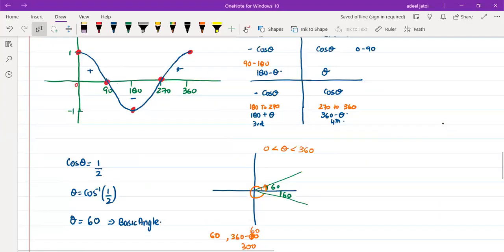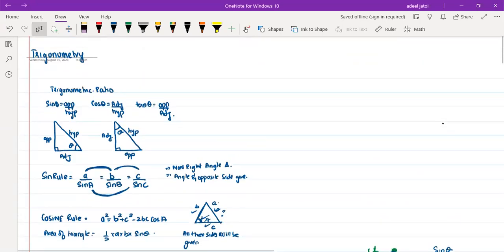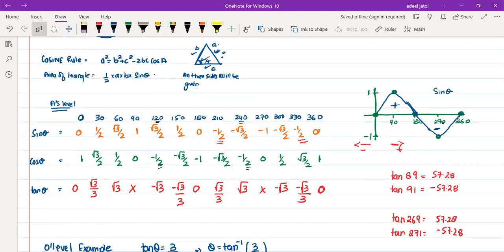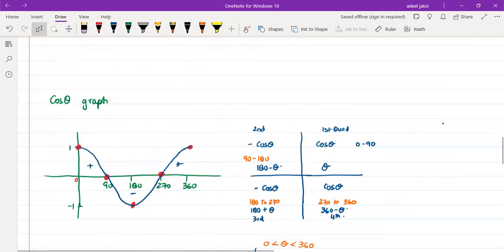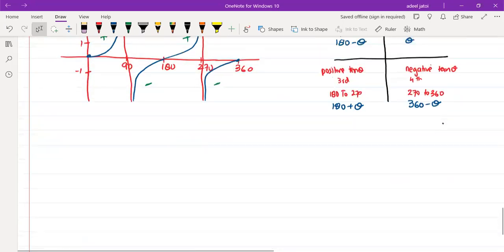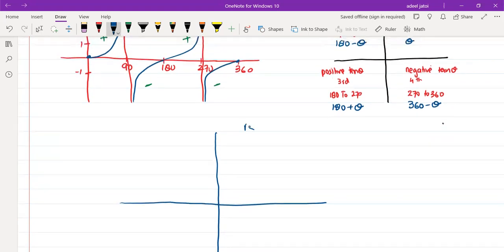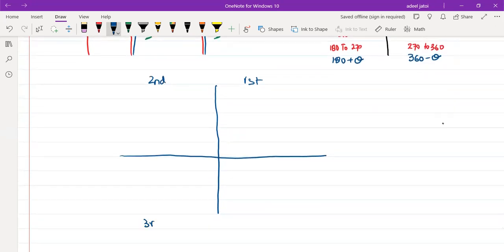Knowing the fact that we did sine theta, cos theta, tan theta, graphically we got to know where the quadrant lies positive and where the quadrant lies negative. So in the last, just the revision point to solve the quadrants, can we say that this is your quadrant, this is your first, this is your second, this is your third, this is your fourth.